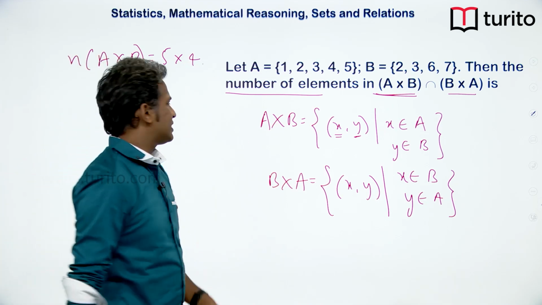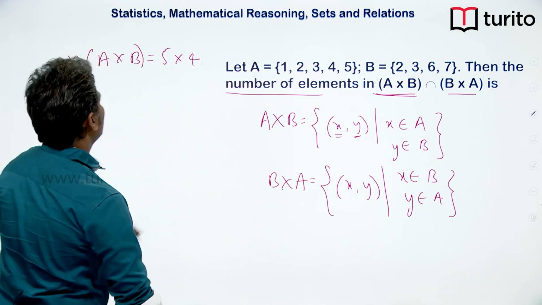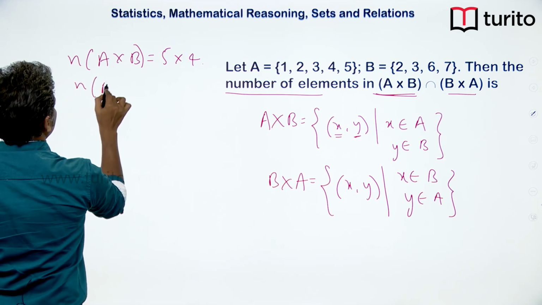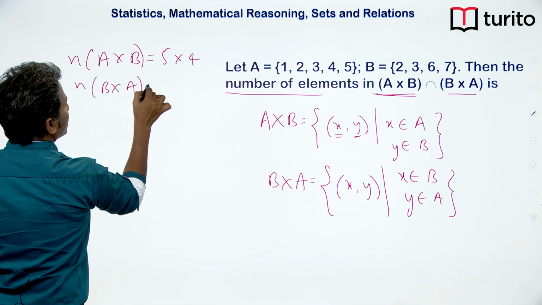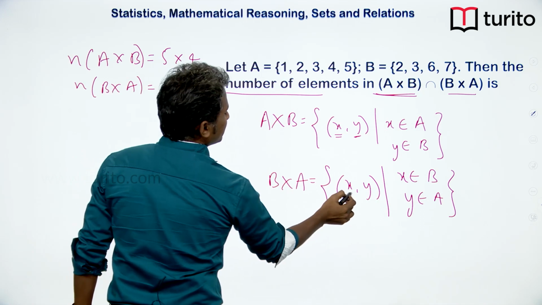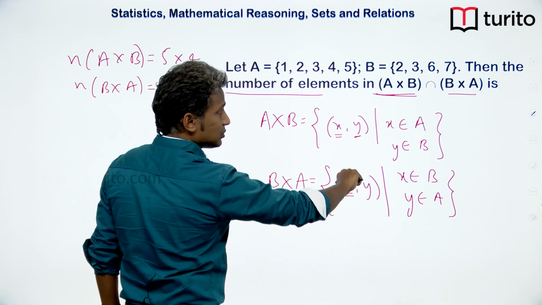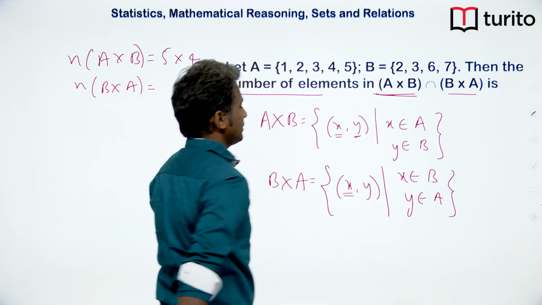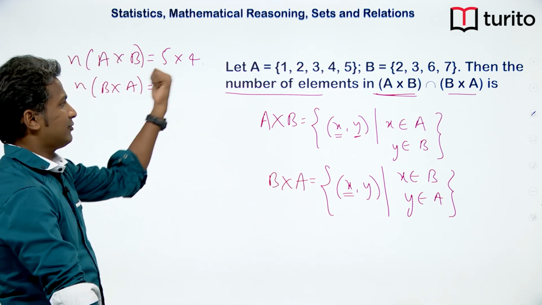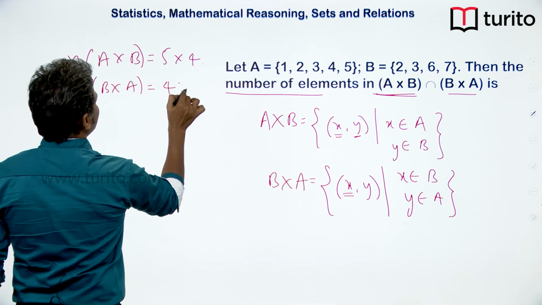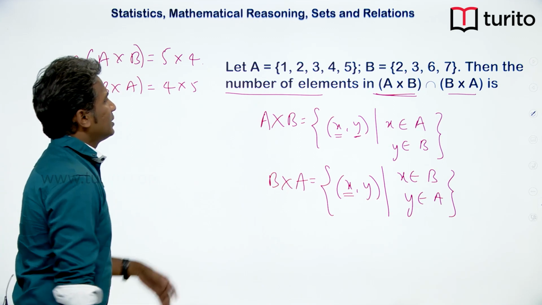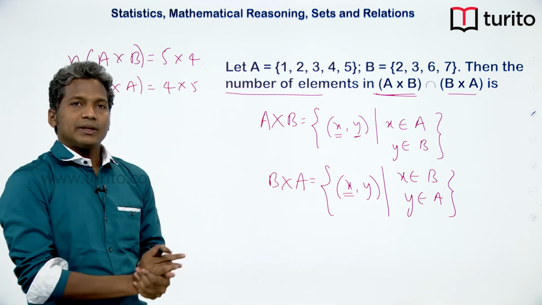Similarly, we can also get n(B cross A). For selection of x, x has to come from B, we have 4 options. For selection of y, we have 5 options. So, this will be 4 into 5. I hope you understood the logic here.